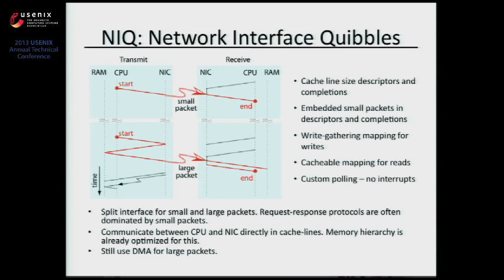So for large packets, we use the DMA engine on the NIC. We still use cache line wide descriptors. Now instead of the packet, we embed the packet headers in the cache line, and then just use the DMA to fetch the packet data from the main memory.